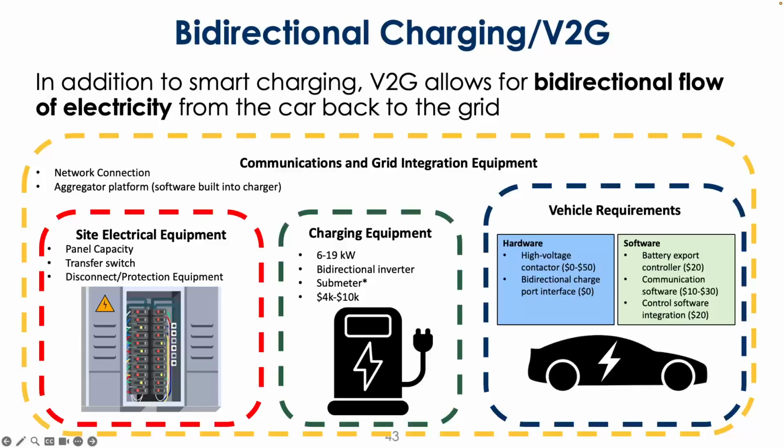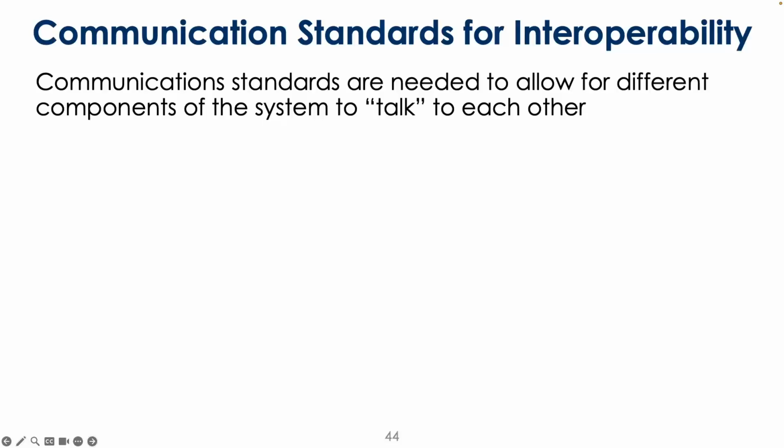So on the communication side, you need interoperability, right? Communication standards are needed to allow different parts of the system to talk to each other. You don't actually need communication standards for this to work, but it's kind of necessary to have this at a larger scale.